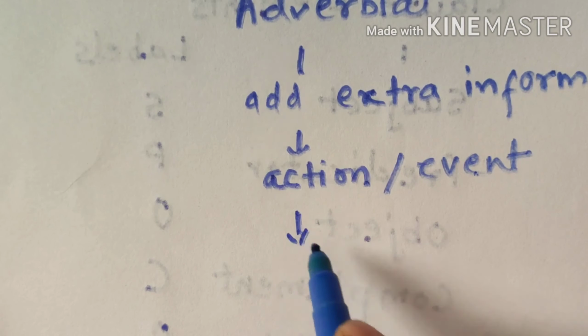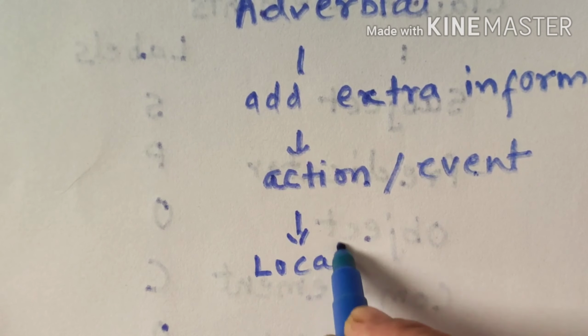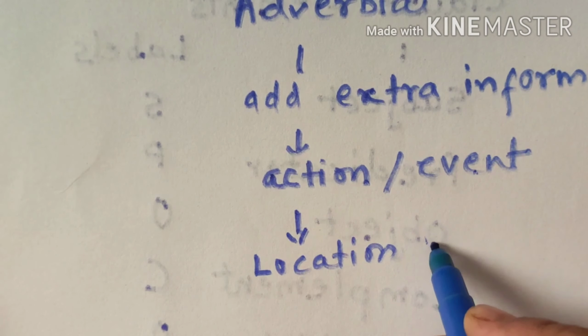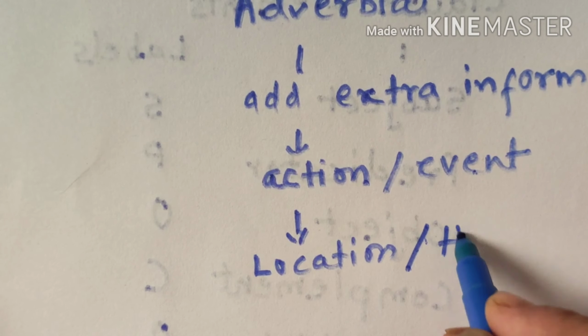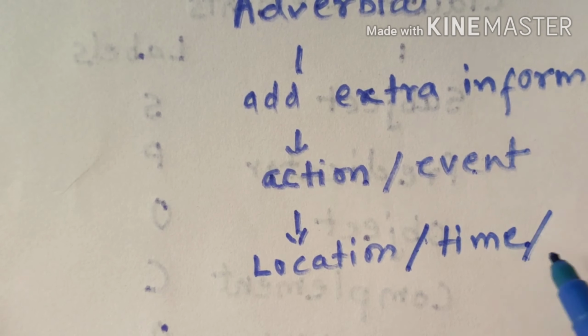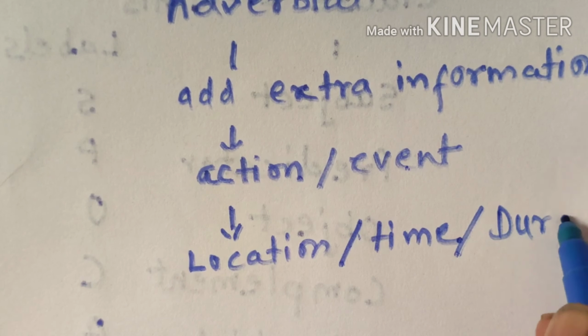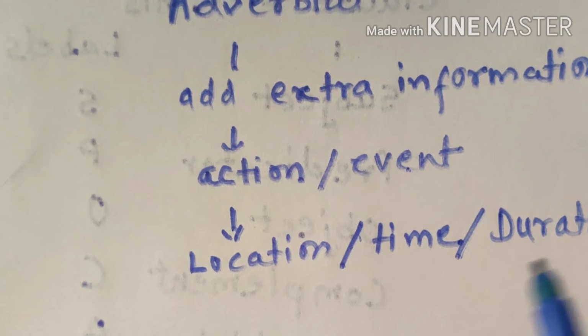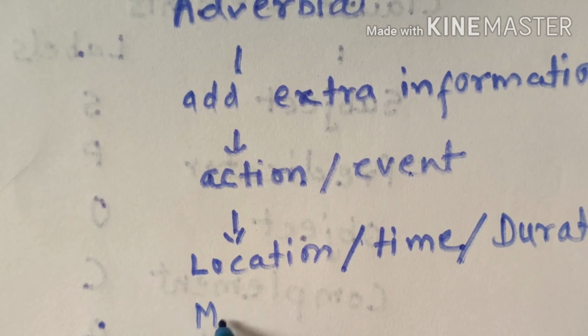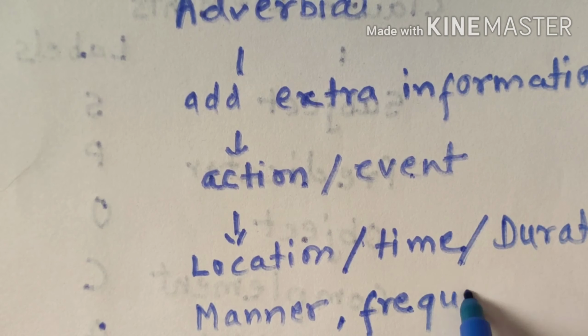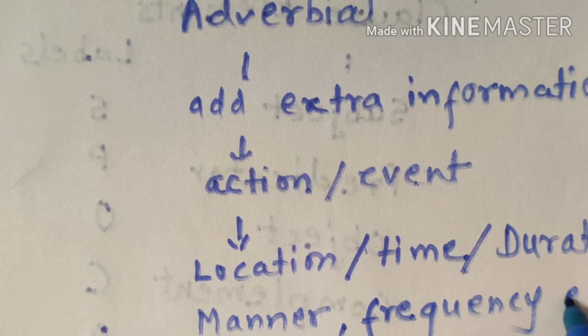That can be about the location of a thing or place, about time, about duration, about manner, about frequency, etc.